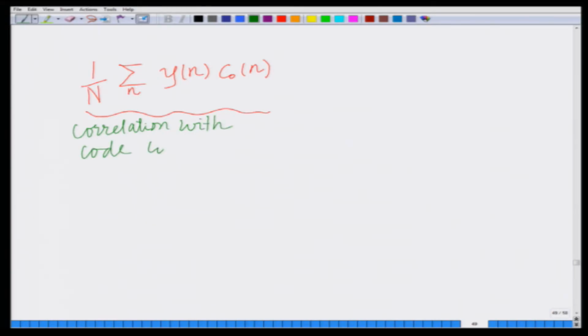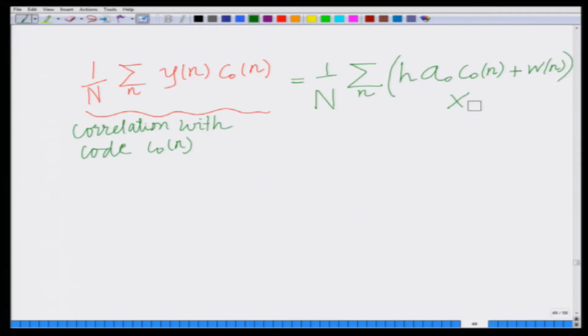with code c0[n], and this is equal to, now I will substitute the expression for y[n]: summation over n, y[n] is h times x[n], which is h times a0 c0[n] plus w[n], multiplied by c0[n].